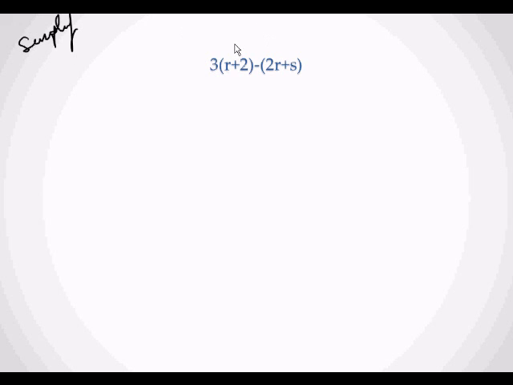All right, here we're just going to simplify. If you notice, I have a multiply. You always distribute first. 3 times r is 3r. 3 times 2 is 6. But then there's a minus.